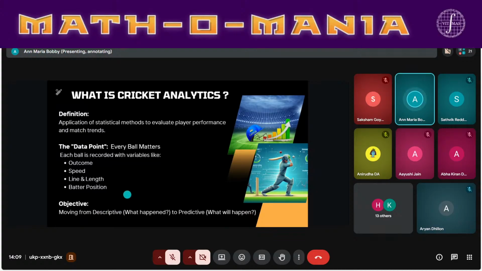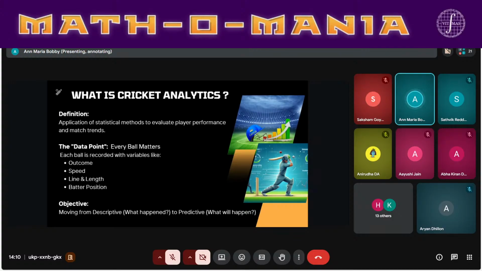Our main objective here is that we are moving from descriptive, that is what happened, to predictive analysis, that is what will happen. For example, let's say a batter scored 50 runs in a match. That is what we already know, what has already happened. Predictive is going to what will happen.